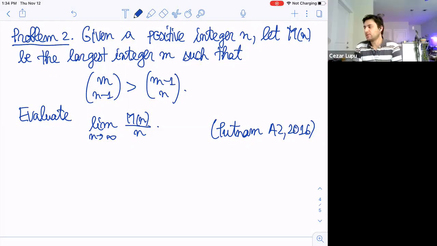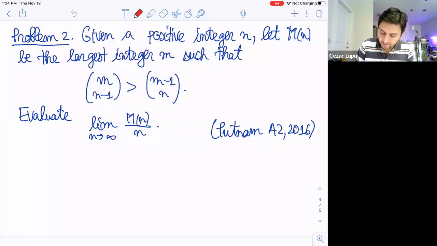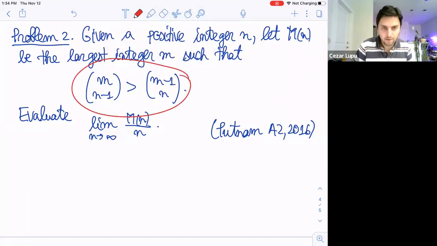Yeah, that's exactly what you need to do. So you need to expand this by factorials, and once you do this, you will derive some inequalities there. And then you'll see that something happened to that largest m. It will be between something and something. So let's see. We need to expand this. We need to look at this guy here.